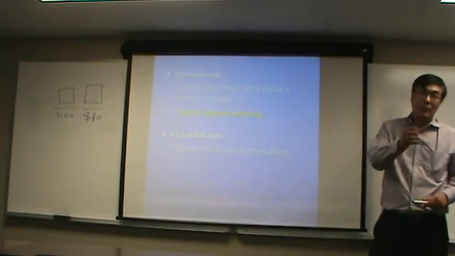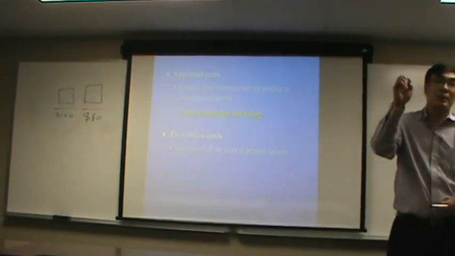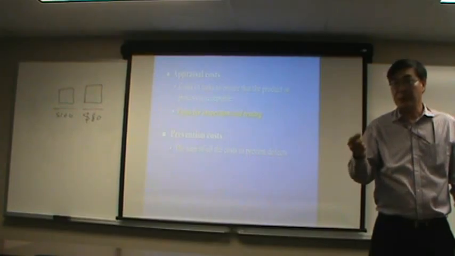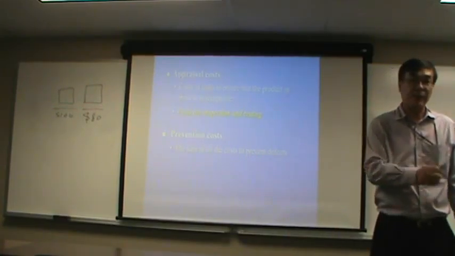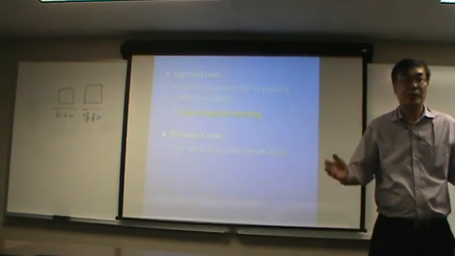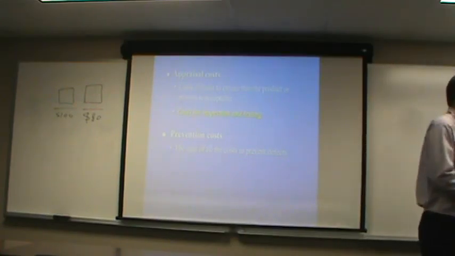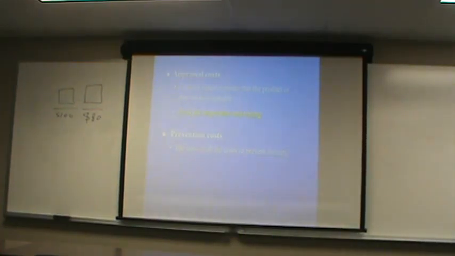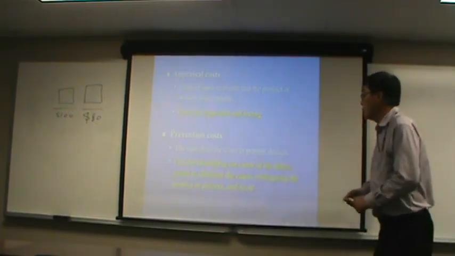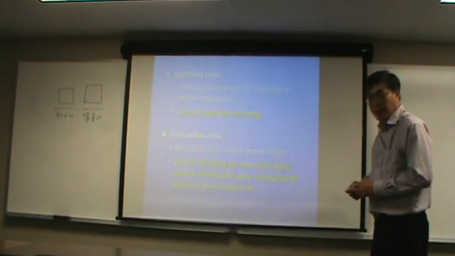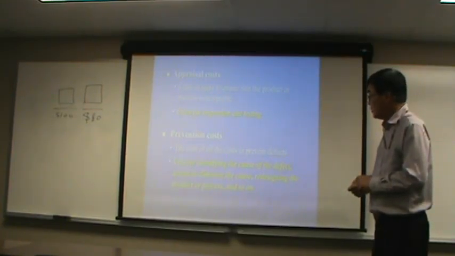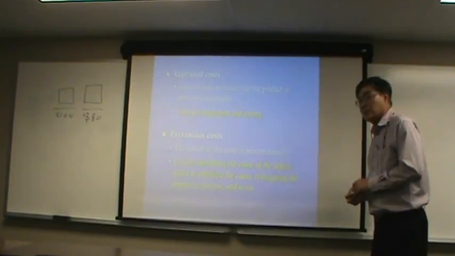By test and inspection, if we find something, a cause of defect, what we should do? Prevention cost is the sum of all the cost to prevent defect: cost of identifying the cause of the defect and action to eliminate the cause. We design the product or process.